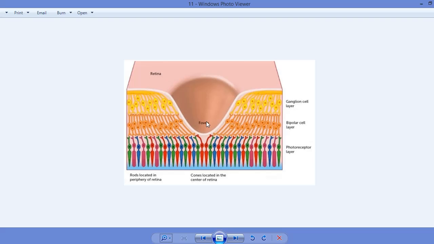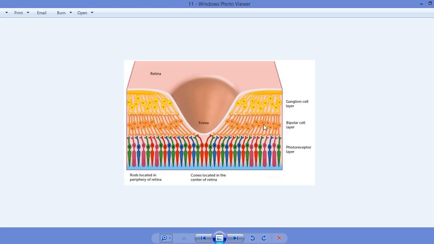You can see very precisely with the help of your fovea centralis, because the reflection of the image directly falls on the cones. That will not go through the ganglion cell and then the bipolar cell, and eventually to the rods and cones.